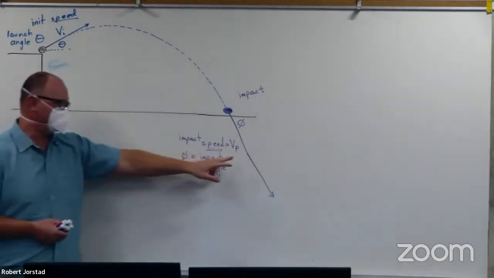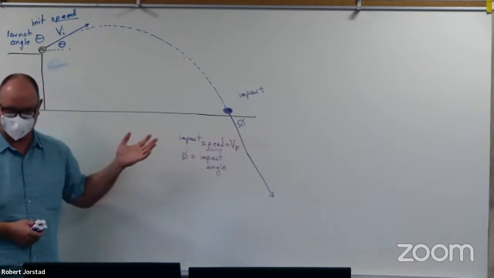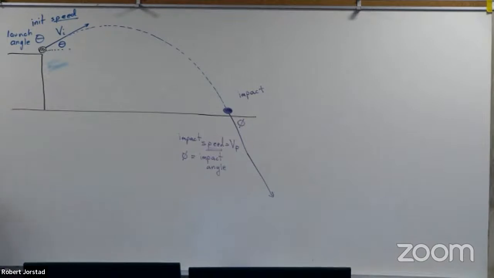Similarly, the impact speed plus the impact angle gives you the final velocity, or impact velocity. A couple of things here. I know this seems silly, but when you are working, it's crucial that this is theta. This is some other angle. They might not be the same, and in general, they rarely are the same.